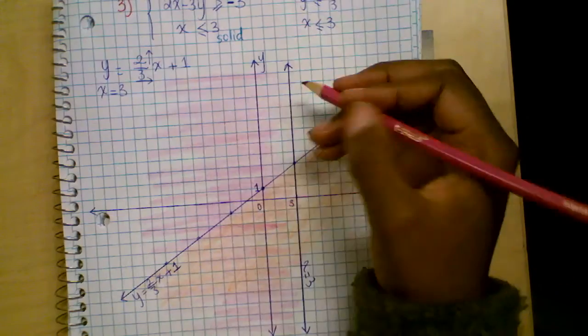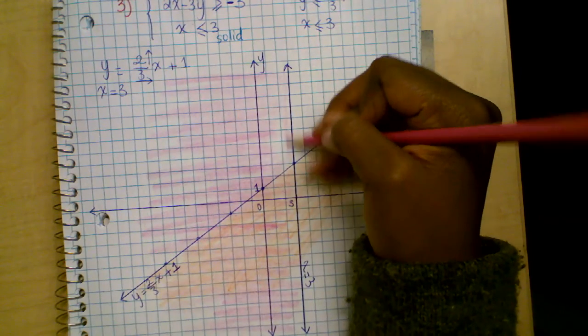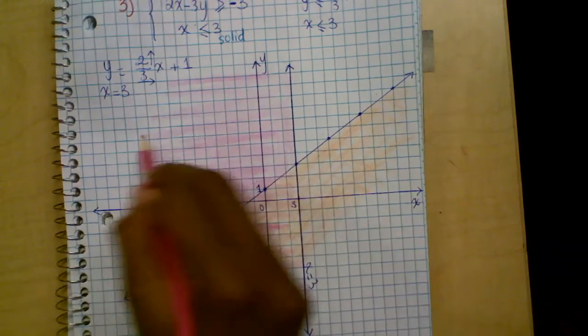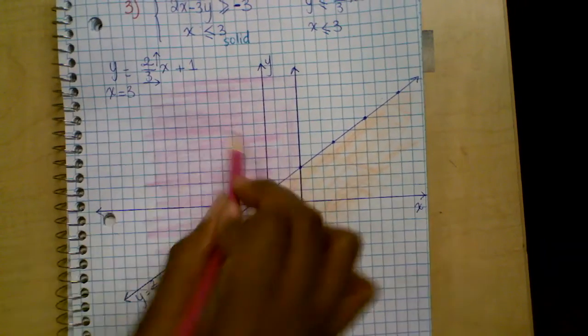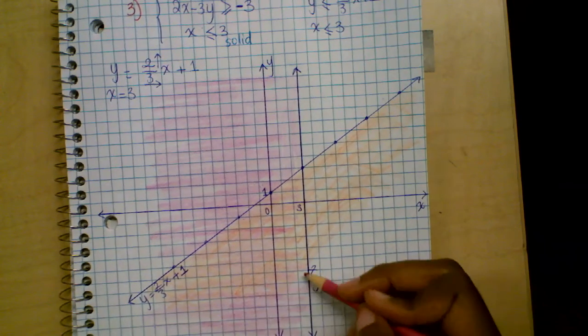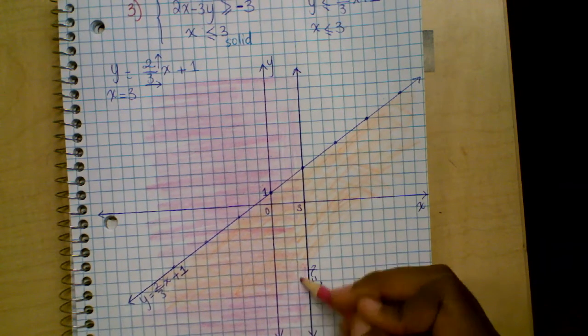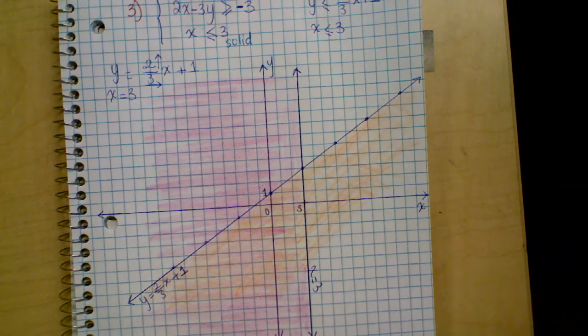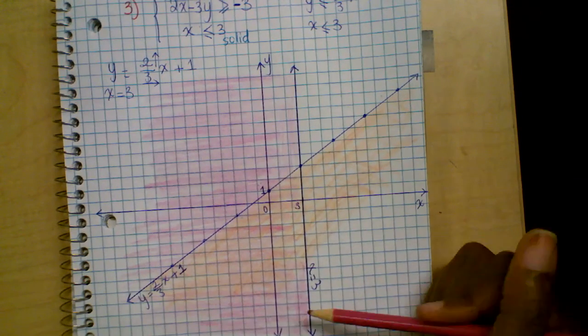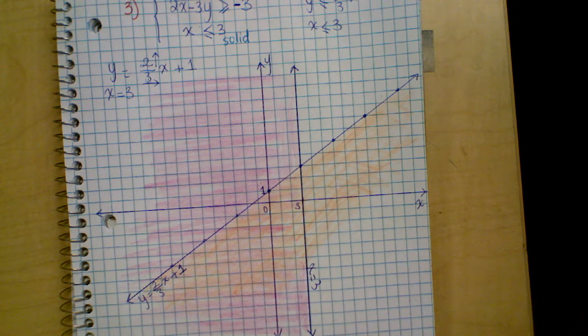Now for the final step: because you're solving a system, you need to identify the solution area. Where is the solution region? The solution region is the place where both shadings overlap. Where do they overlap? I'll give you time to see that on your own.